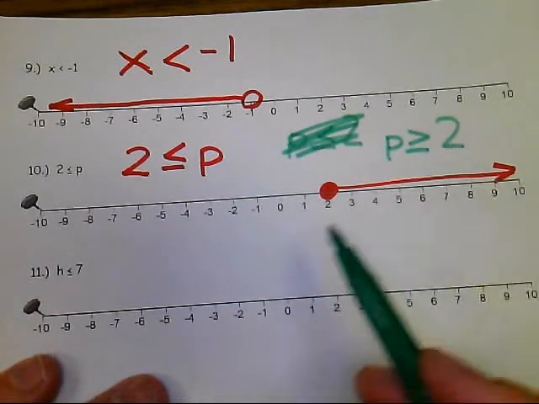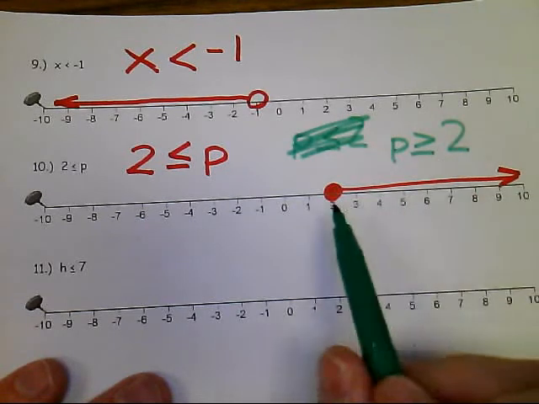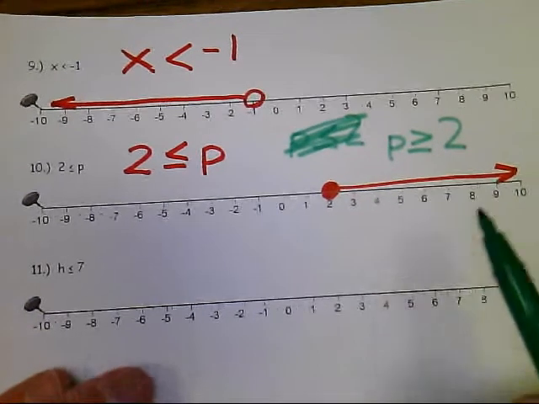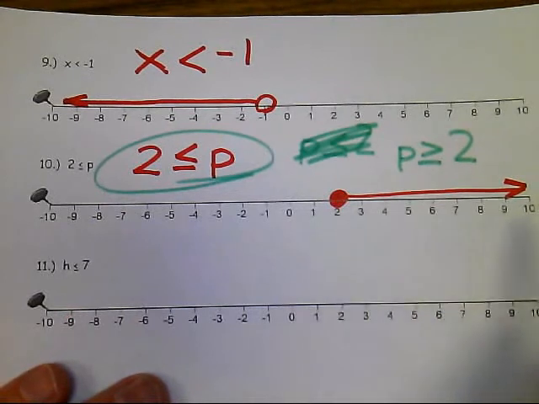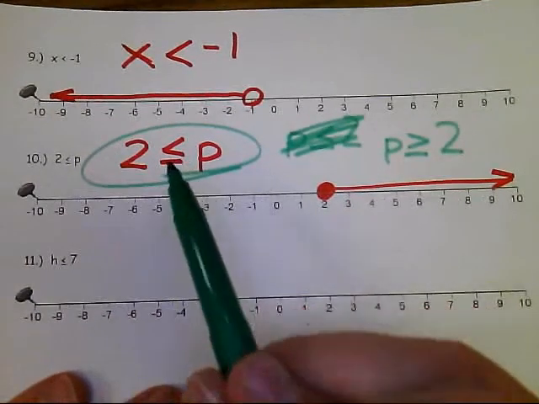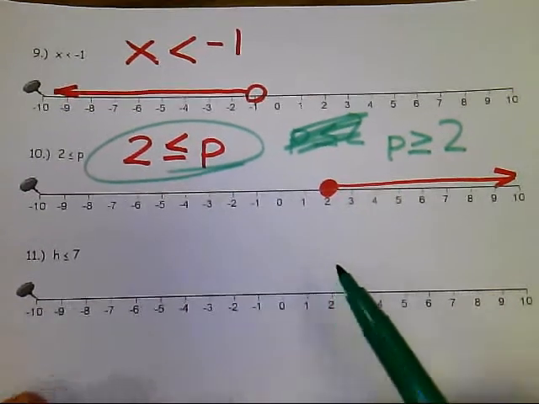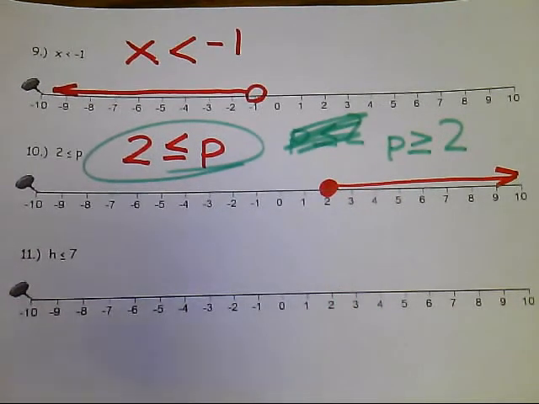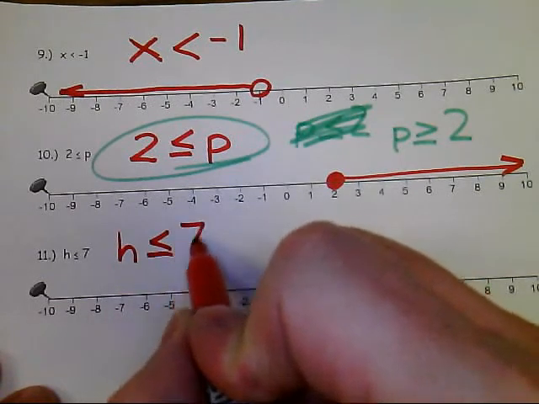That would be another way to write an equivalent inequality: p is greater than or equal to 2, in which case the arrow would point to the right. Keep in mind, it's much better if you just take your time and figure out what this shows, and select a number that the arrow is pointing to and make sure it makes that inequality true.